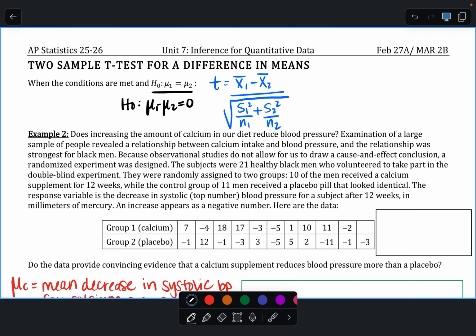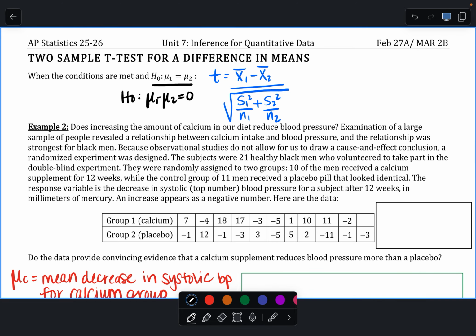So that means the null value, the mu naught, is 0. So technically, if you wanted to, you could even go as far as to say we are subtracting 0 from that difference. But it's not required, it's not necessary, it does not have to be there. So that's why we usually don't have it.